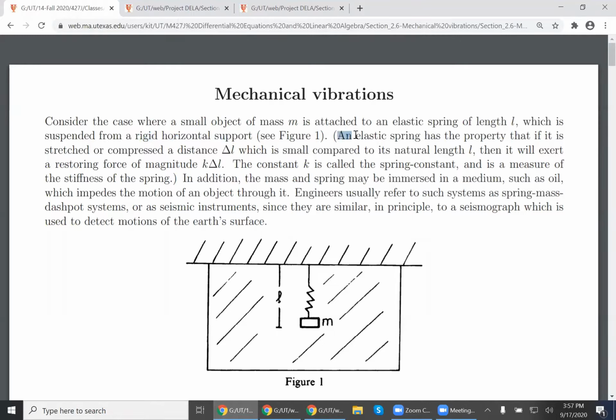Now, an elastic spring has the property that if it is stretched or compressed a distance delta L, which is small compared to its natural length L, then it will exert a restoring force of magnitude K times delta L.